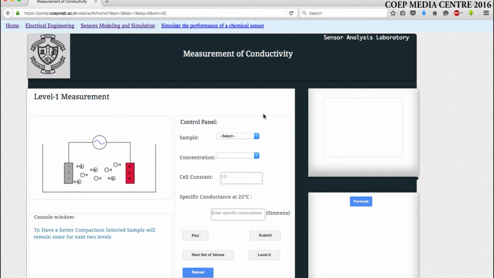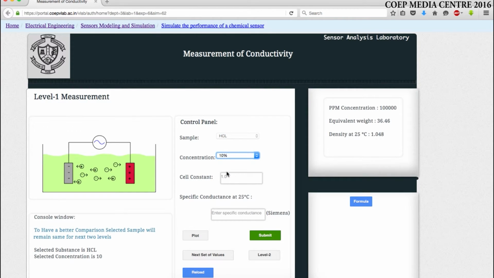In the case of conductivity, there are 2 electrodes, positive and negative, and it is excited using an exciter AC voltage. Now select this experiment. For example, the sample is HCl and the concentration is 10%. The cell constant which you have selected is 1. Then what will be the specific conductance in Siemens at 25 degrees Celsius? You are supposed to calculate the value using a formula.